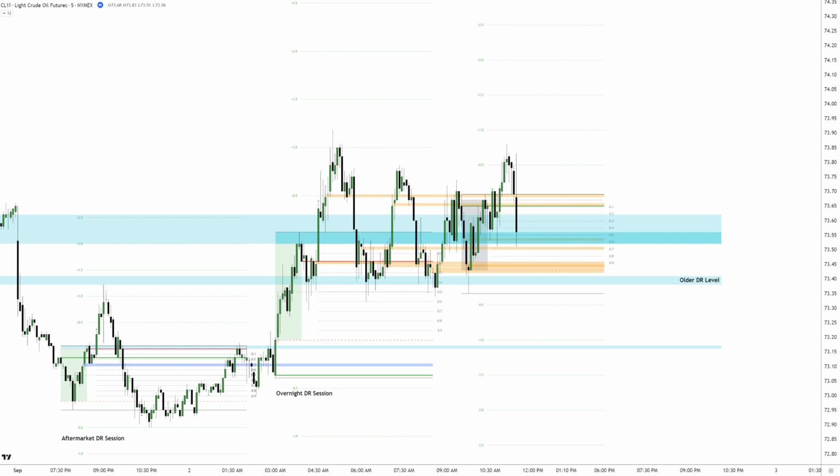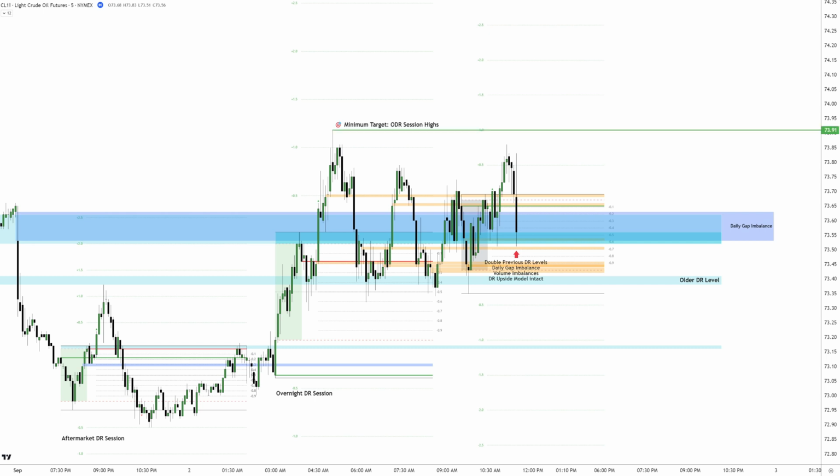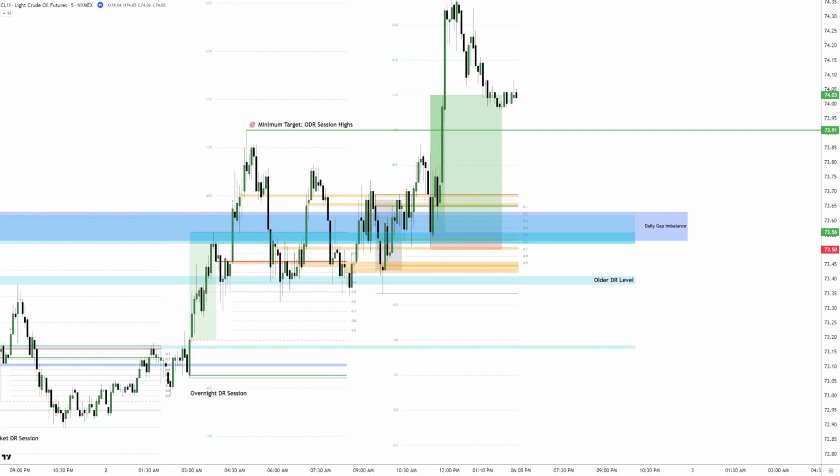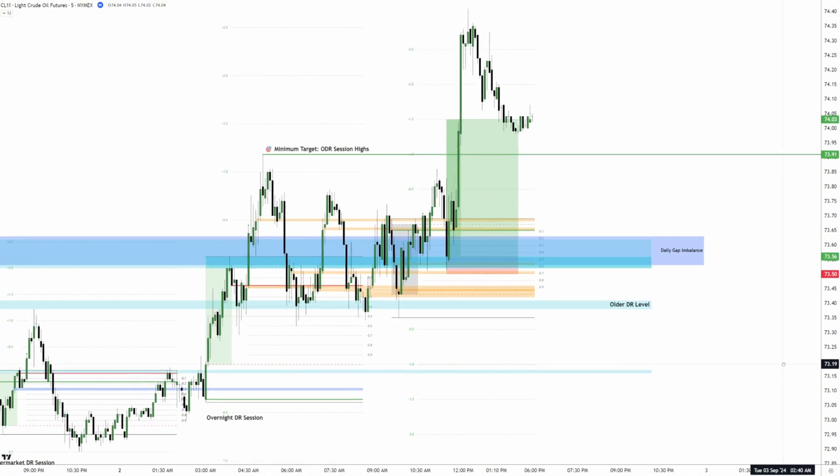Notice how the overnight DR session high and the daily gap imbalance also support the idea of continuing the DR upside model. The minimum target to fulfill the DR upside model here should be the ODR session highs, and ideally the original target, which lines up with the 1.5 standard deviation level as well. This trade offers an 8R potential, presenting you the power of where preparation meets great opportunities.